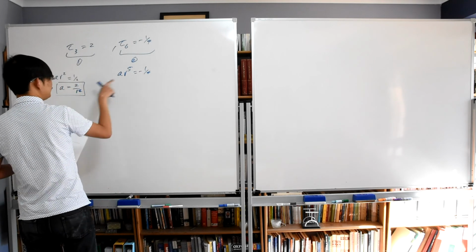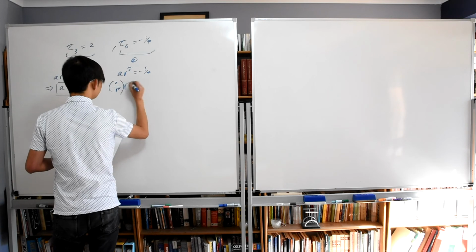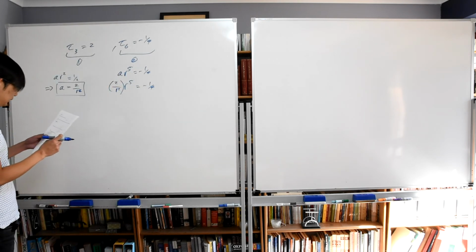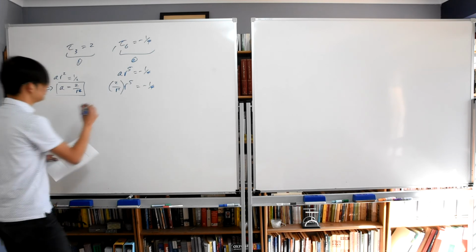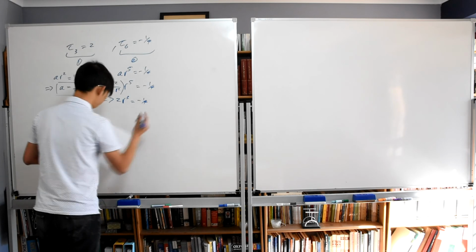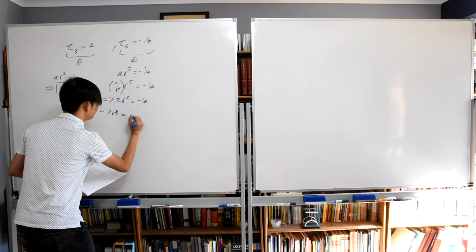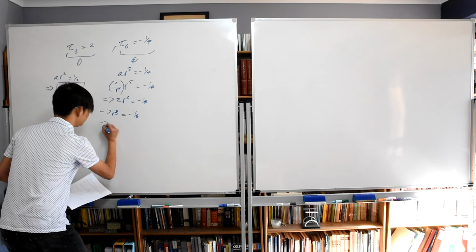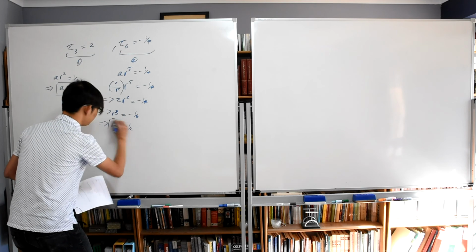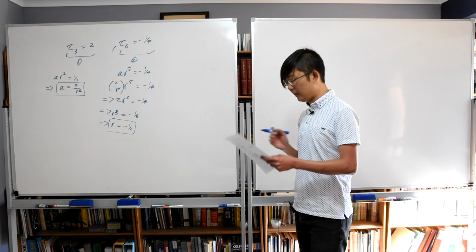Let's substitute this a into this a. So we get the common ratio being negative half.